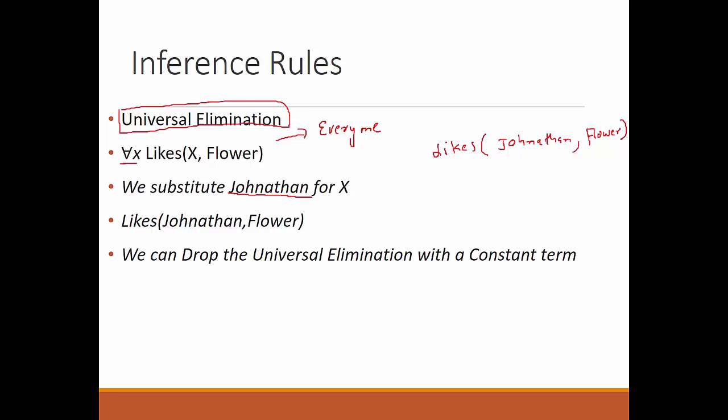We cannot keep a universal quantifier here because we are only talking about one person. So when we remove this universal quantifier by replacing it with a constant or an entity like Jonathan, the universal quantifier gets eliminated, and it's called universal elimination.